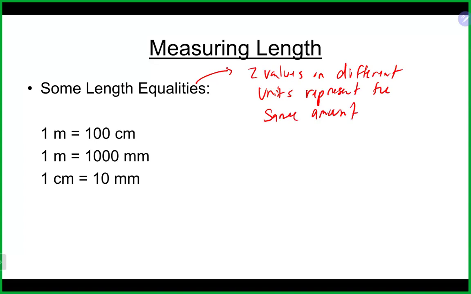So 1 meter is 100 centimeters. Again, that is something we use a lot. 1,000 millimeters in a meter and 10 millimeters in a centimeter. Again, that's what you see on the bottom of the ruler, where you have centimeters and all the little dots that go into it. Those are millimeters. Again, there's 10 of them going into there.